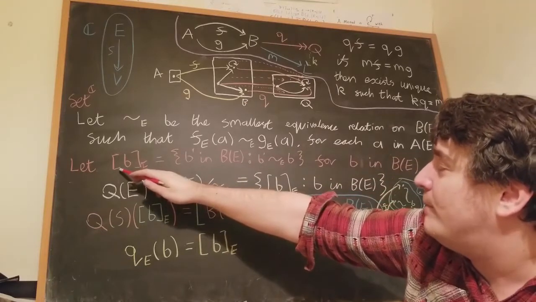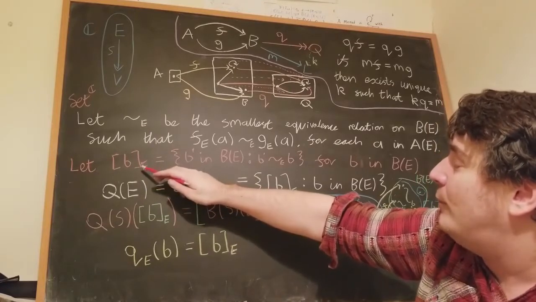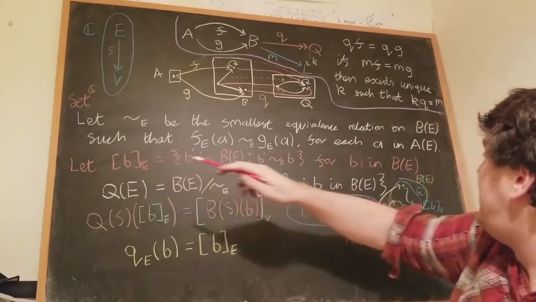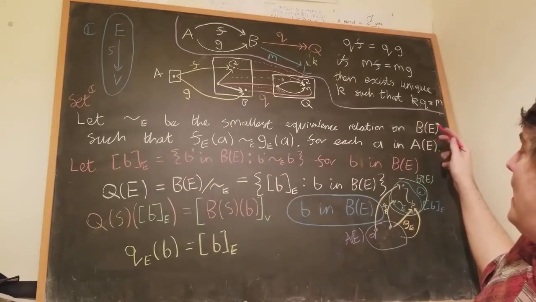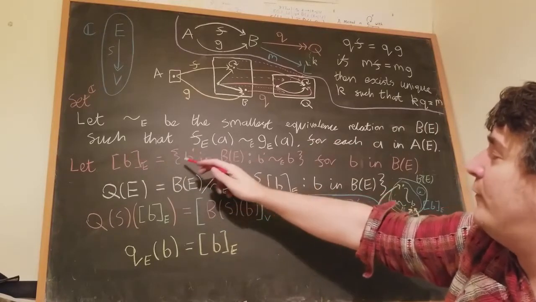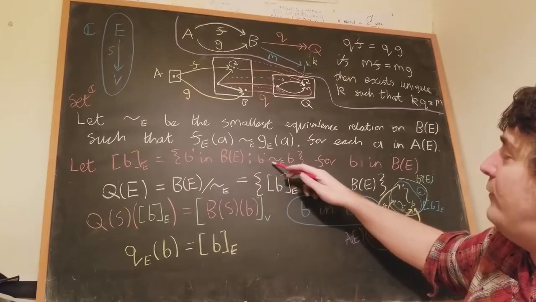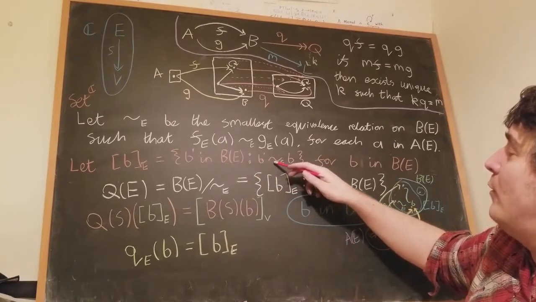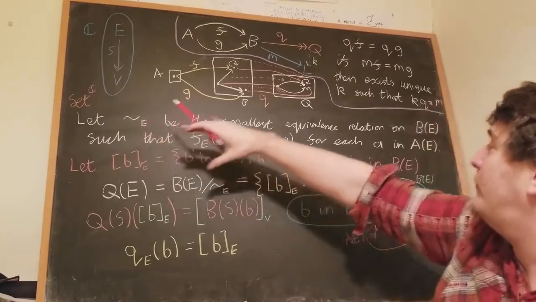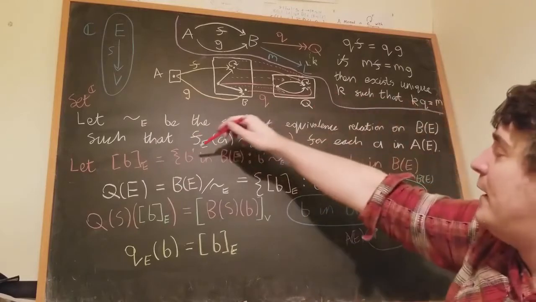We'll say that b in square brackets with this E down here is the equivalence class of an element b in B of E, and formally we'd say it's the set of all b dash in B of E which are equivalent to b under this tilde E, this smallest equivalence relation with this property, okay?